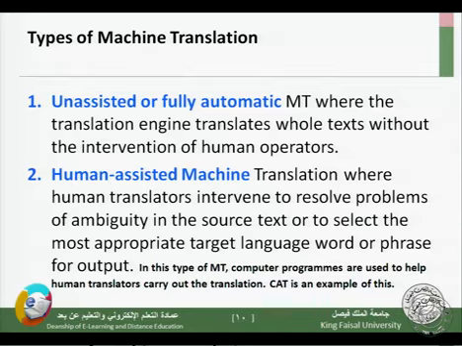It gives you, for instance, a translation, but you need to intervene and say, all right, I better do something about this. I better do something about that. It needs a lot of editing. And there are certain ambiguities. You need to solve these ambiguities. So in this type of machine translation, computer programs really are there to help you as a translator carry out the translation.